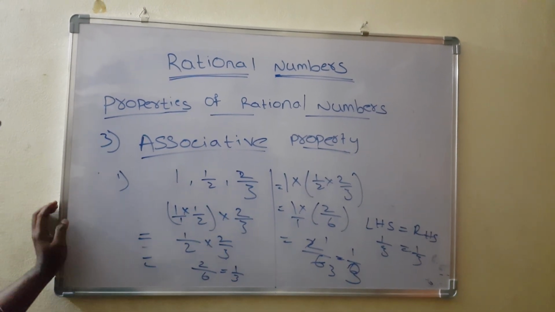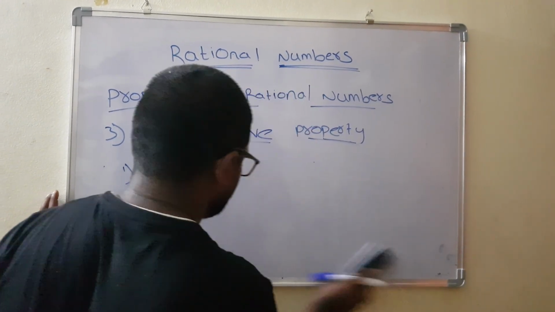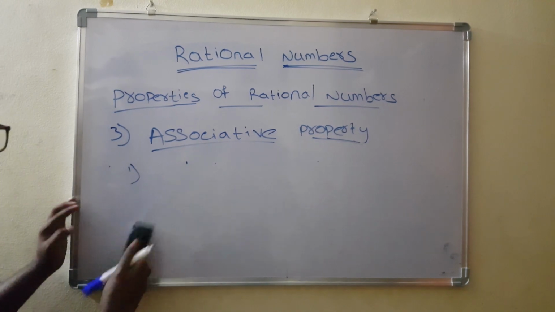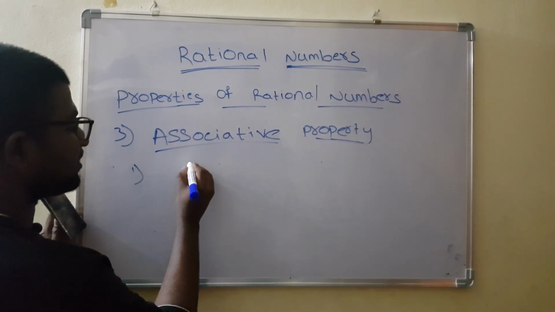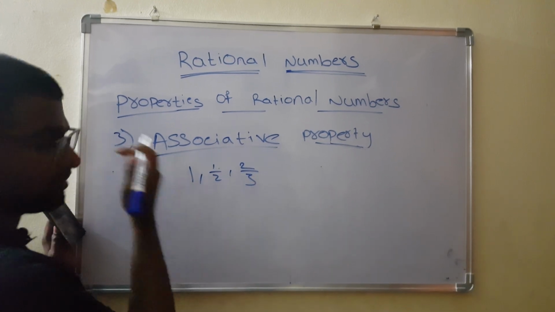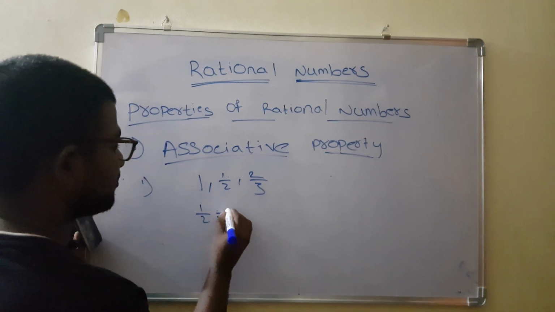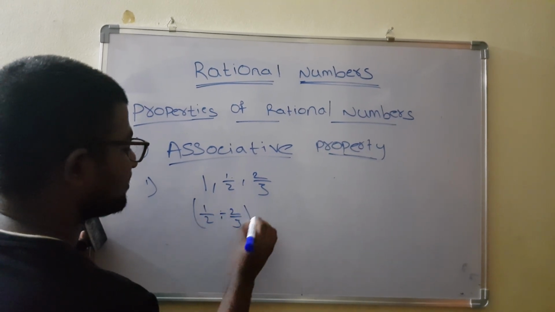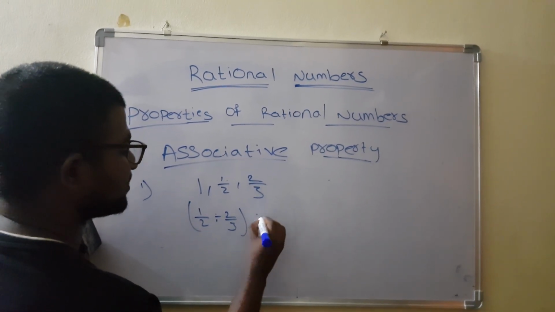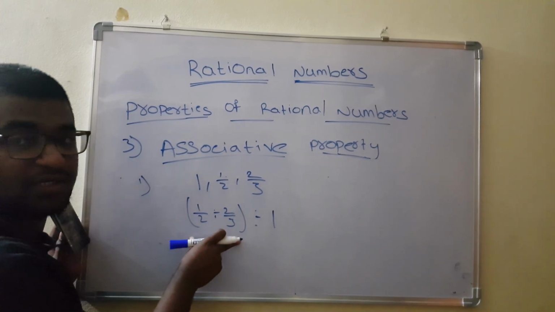Next, associative property on division. Consider three rational numbers 1, 1 by 2, 2 by 3. Take two rational numbers and divide 1 by 2 divided by 2 by 3, and club another rational number, that is 1. How can we divide these two rational numbers?